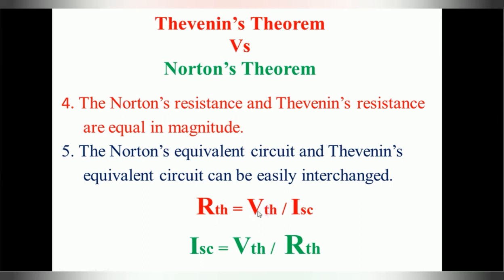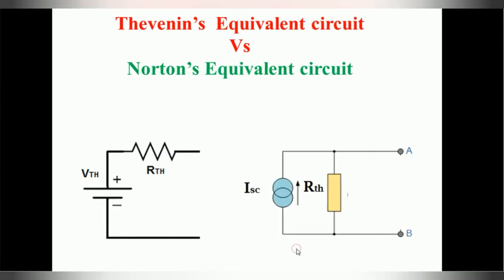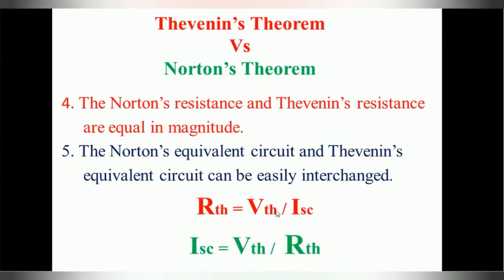By using these known values, VTH and RTH, we can get the short circuit current in the Norton's equivalent circuit. Otherwise, by getting the values of ISC and RTH with the help of the Norton's equivalent circuit, just substitute the values of RTH and ISC to get VTH, that is called the Thevenin's equivalent voltage.